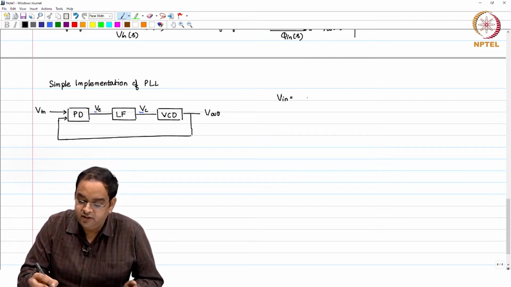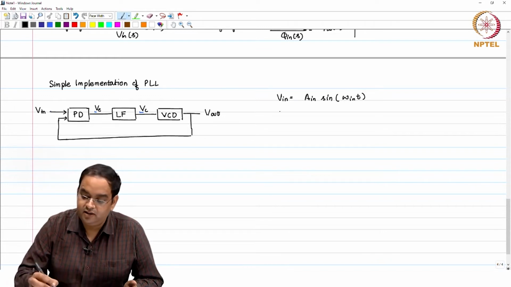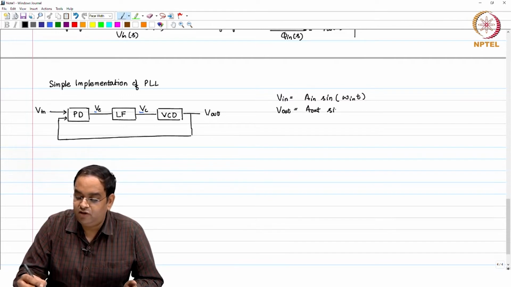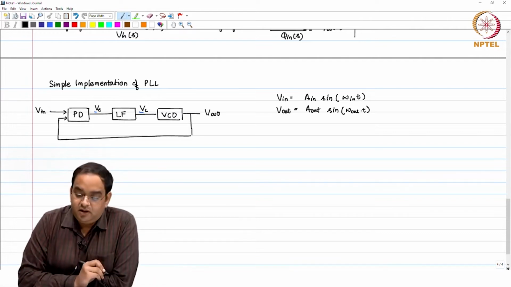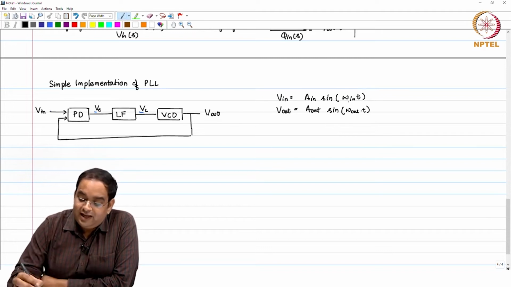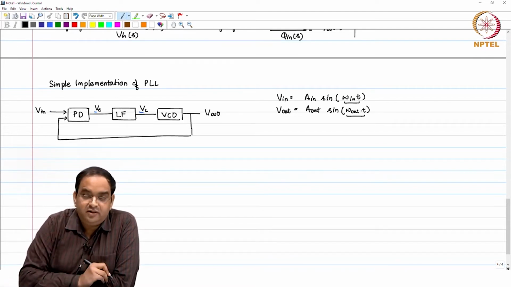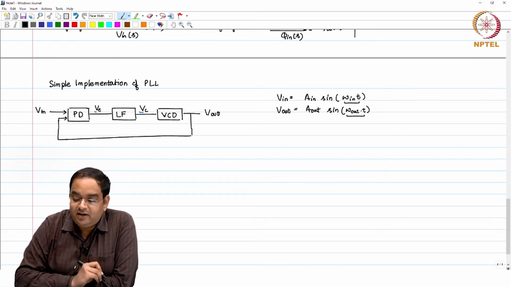V in is A in times sine of omega in t, and V out is A out times sine of omega out t. If you recall the basic trigonometric identities, and you would like to know how I can subtract one argument of the sine wave from the other, you will find that you need to multiply these two signals.